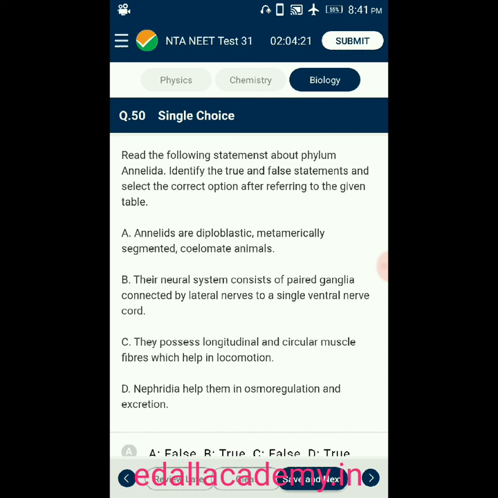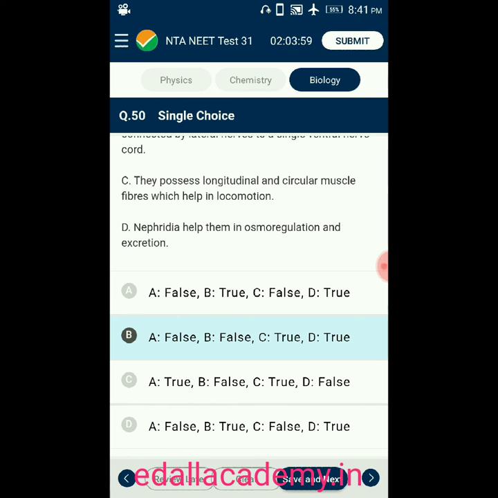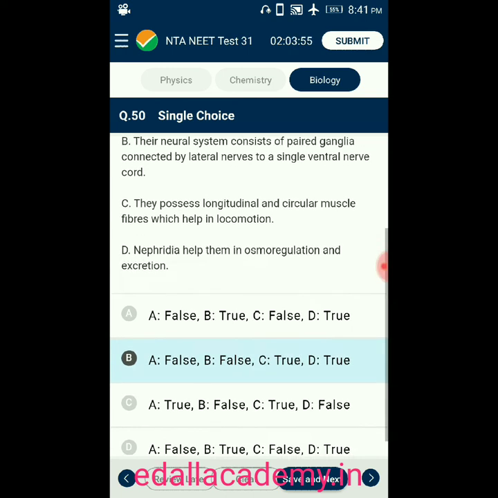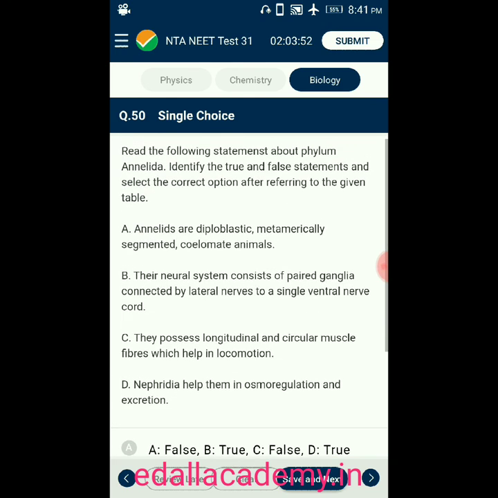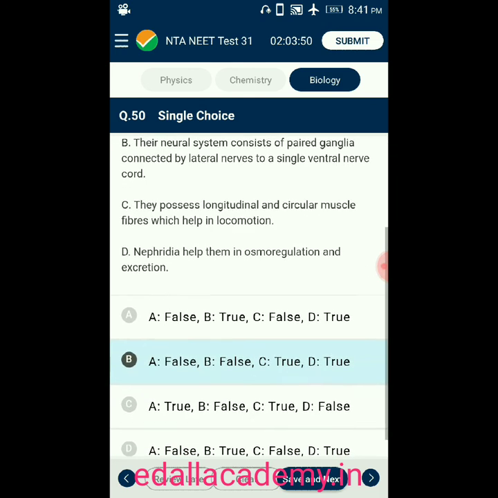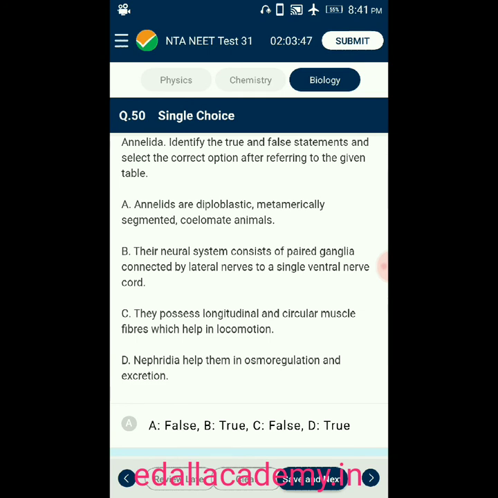They possess longitudinal and circular muscle fibers which help in locomotion. Nephridia help them in osmoregulation and excretion. So the answer for this question is: statement A is false, B also false, C is true, D is true. So out of 4 statements, the first 2 statements are false, the next 2 statements are correct.